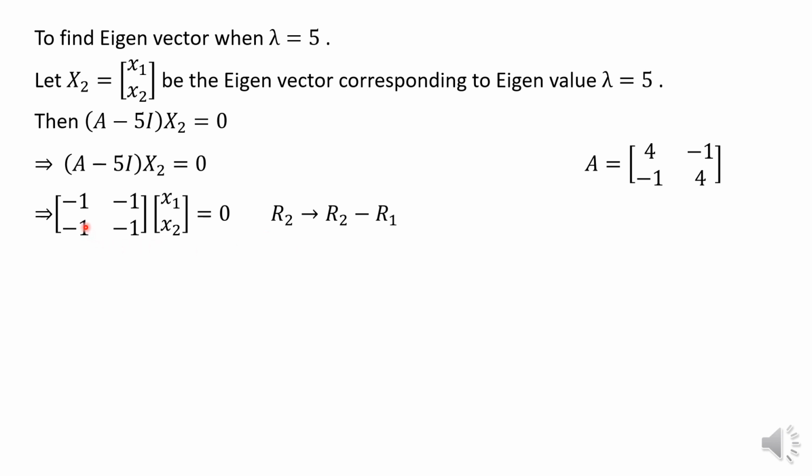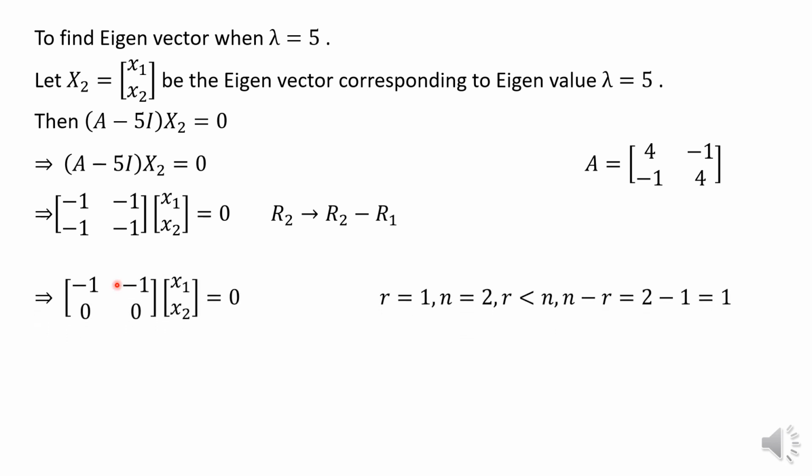Now we have to make this element 0. So the row operation is R2 changes to R2 minus R1. You are all familiar with this type of row operation. So we get [-1 -1; 0 0] times (x1, x2) equal to 0, and these are all the common things. The reduced equation you write down: minus x1 minus x2 is equal to 0.